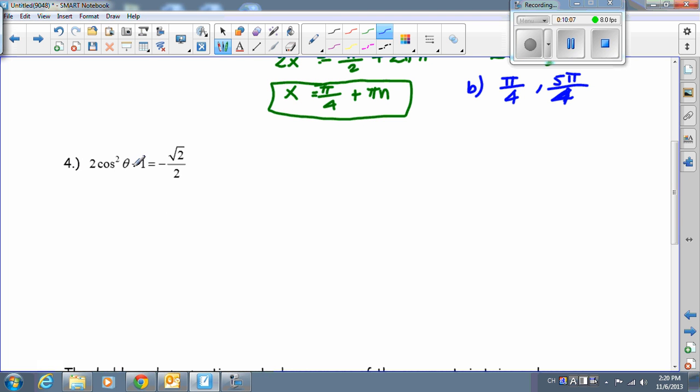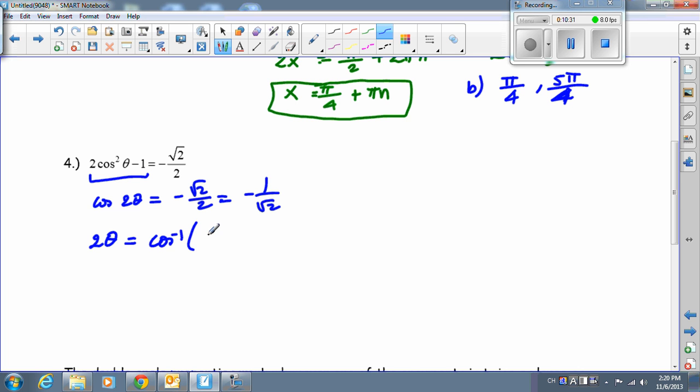2 cosine squared of theta minus 1 is the same thing as cosine of 2 theta. And this is equal to negative square root of 2 over 2. Note that negative square root of 2 over 2 is the same thing as negative 1 over square root of 2, if that looks better for you. So I will say 2 theta is therefore equal to the cosine inverse of negative 1 over square root of 2.